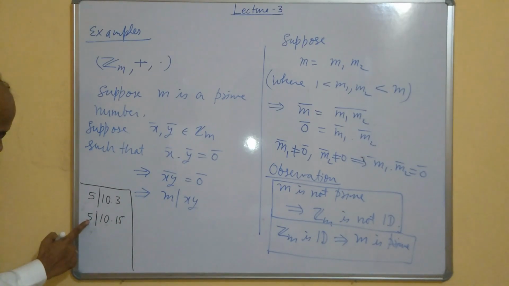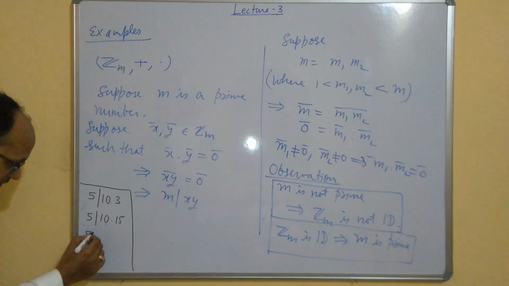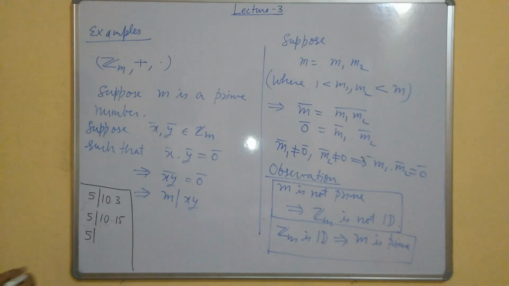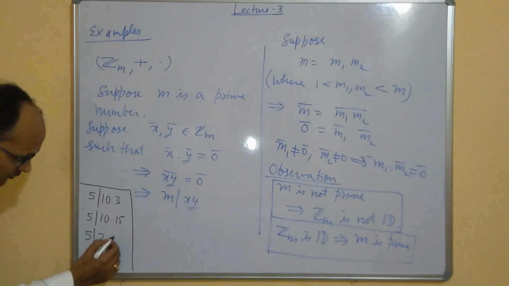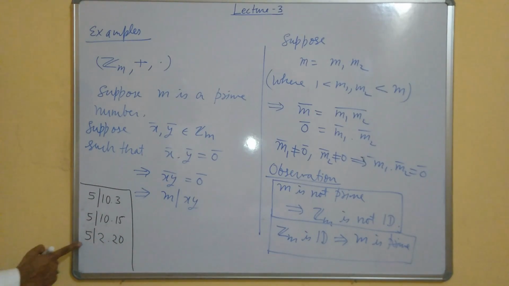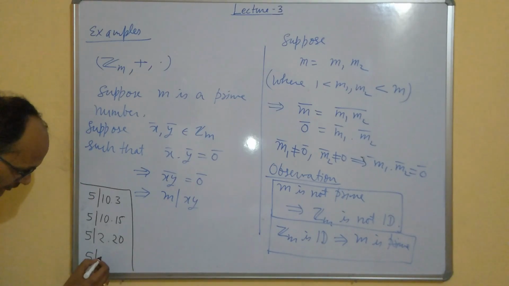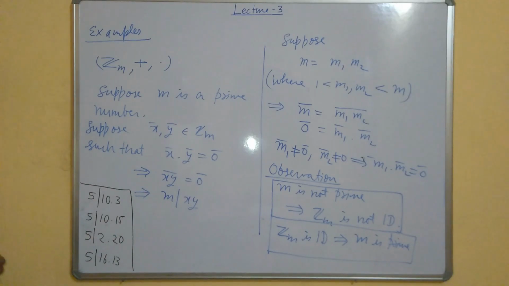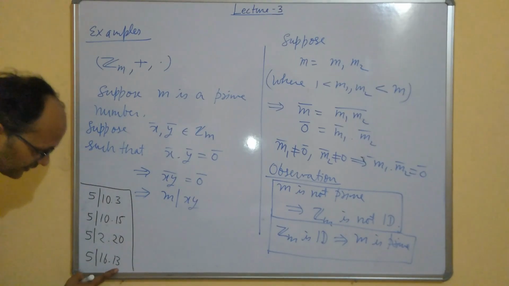It may also happen that this 5 divides this number and this number also. Or you take 2 into 20. You can see that 5 divides this number. But is it possible that you take 16 into 13? Does 5 divide this? No, because 5 does not divide this and 5 also does not divide this.